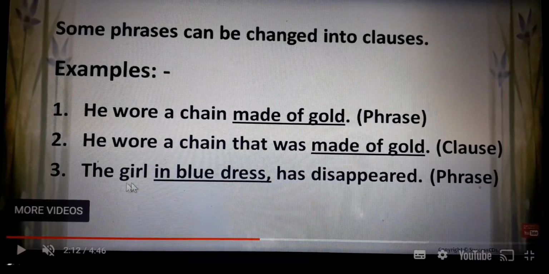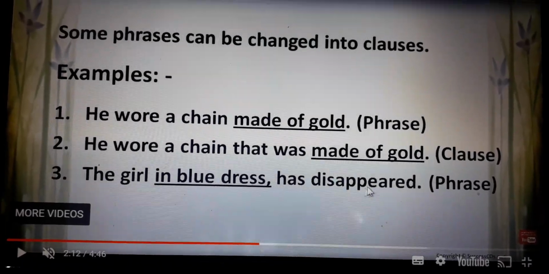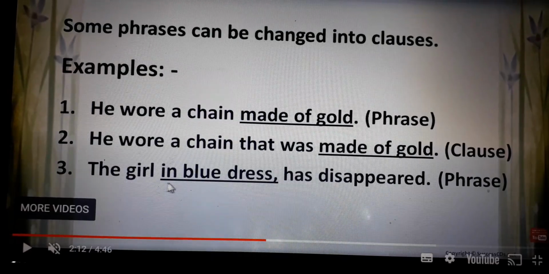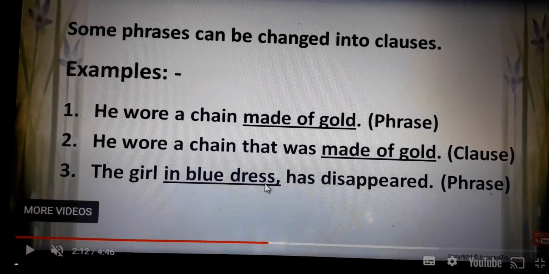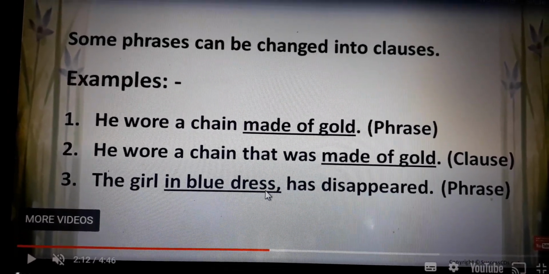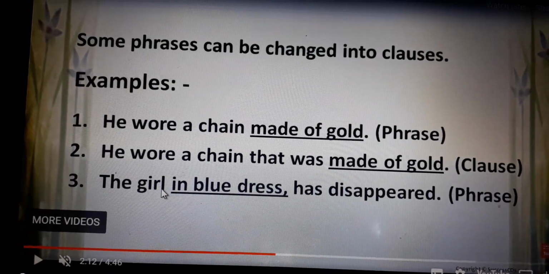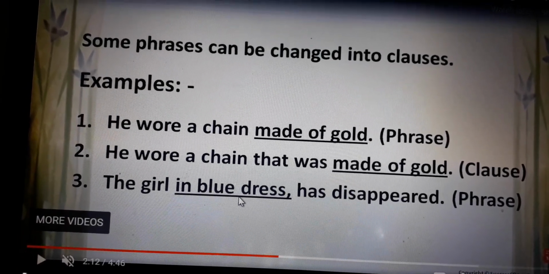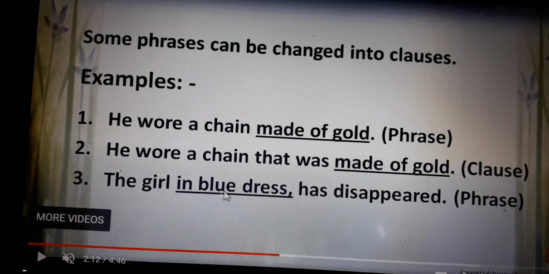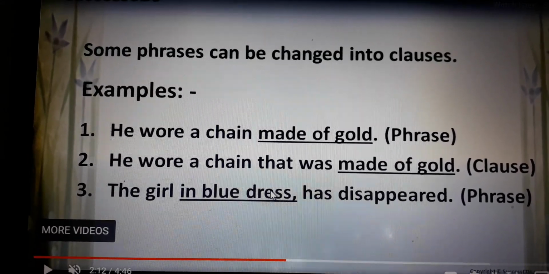Next is: the girl in blue dress has disappeared. Now "in blue dress" is a phrase here. No subject, no predicate. Okay.